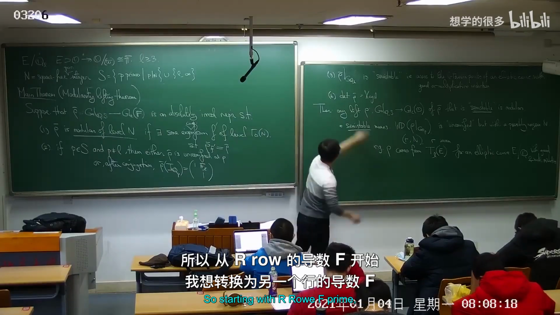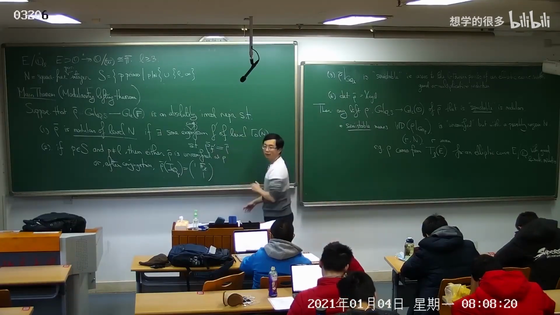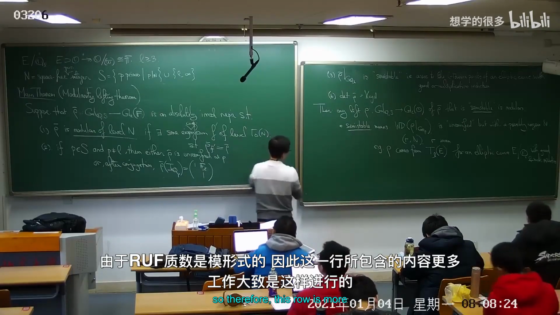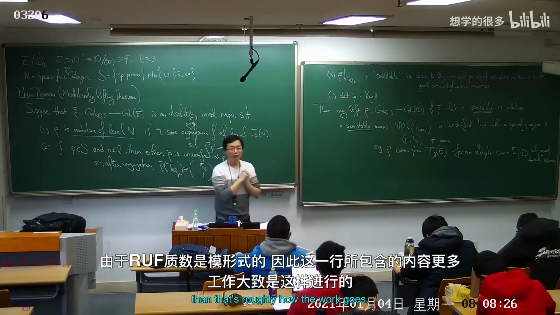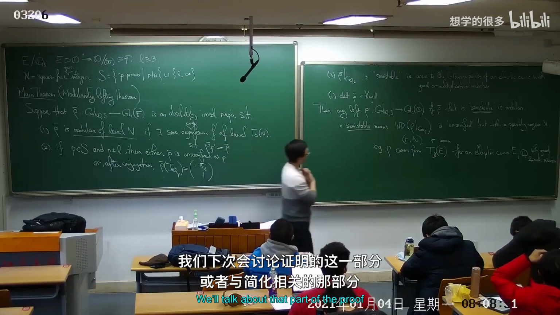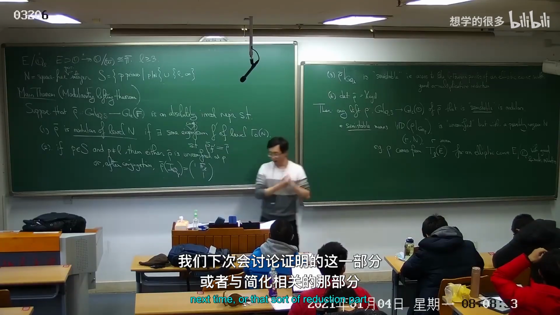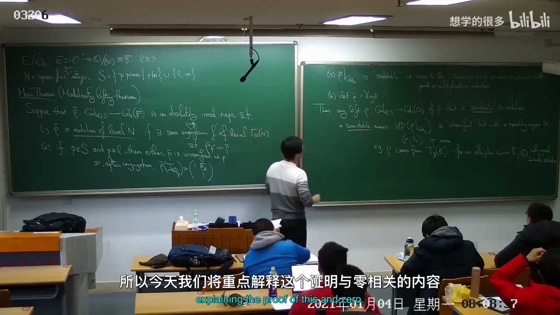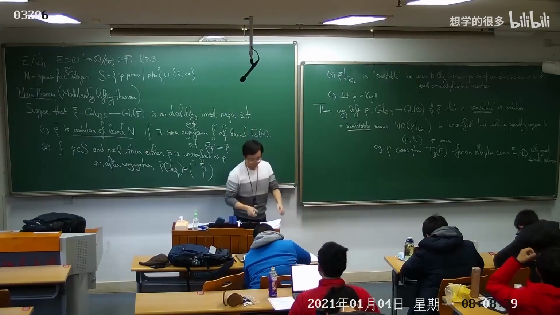So starting with rho, I want to convert to another rho f prime. Because rho f prime is modular, therefore this rho is modular. So that's roughly how the work goes. We'll talk about that reduction part of the proof next time. So today we'll be focusing on explaining the proof of this main theorem.